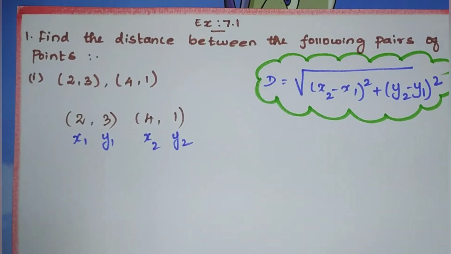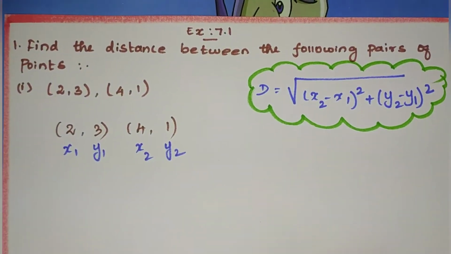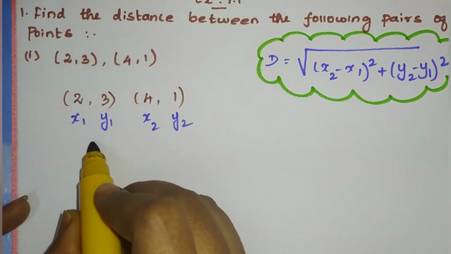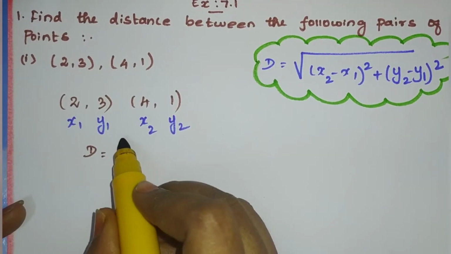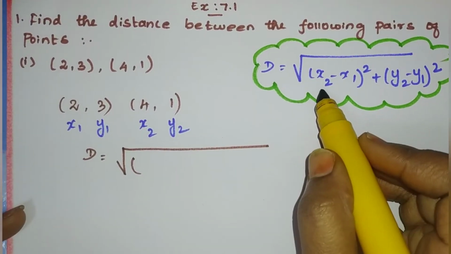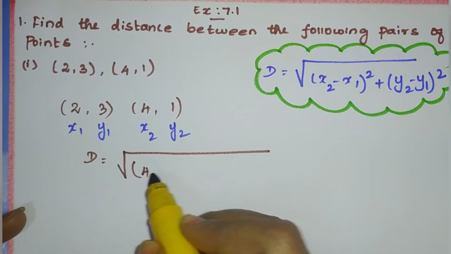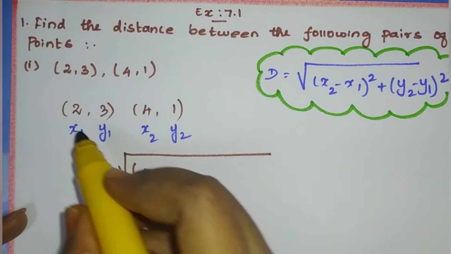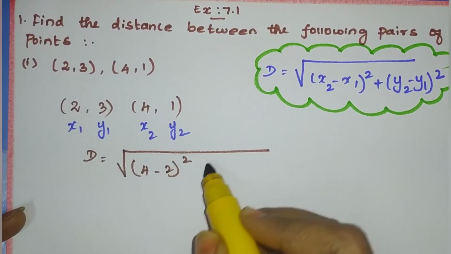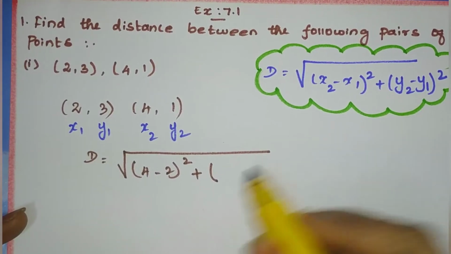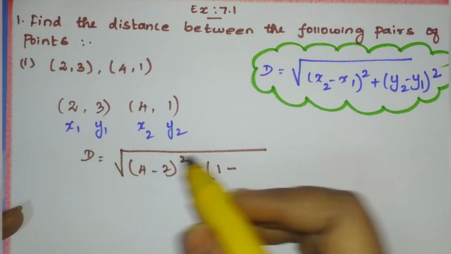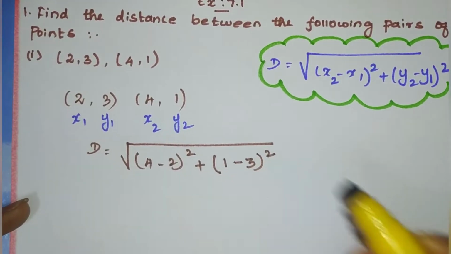Write this and apply in the formula. Distance D is equal to root of x2 is 4, x2 minus x1 is 2 the whole square plus y2 minus y1 the whole square.